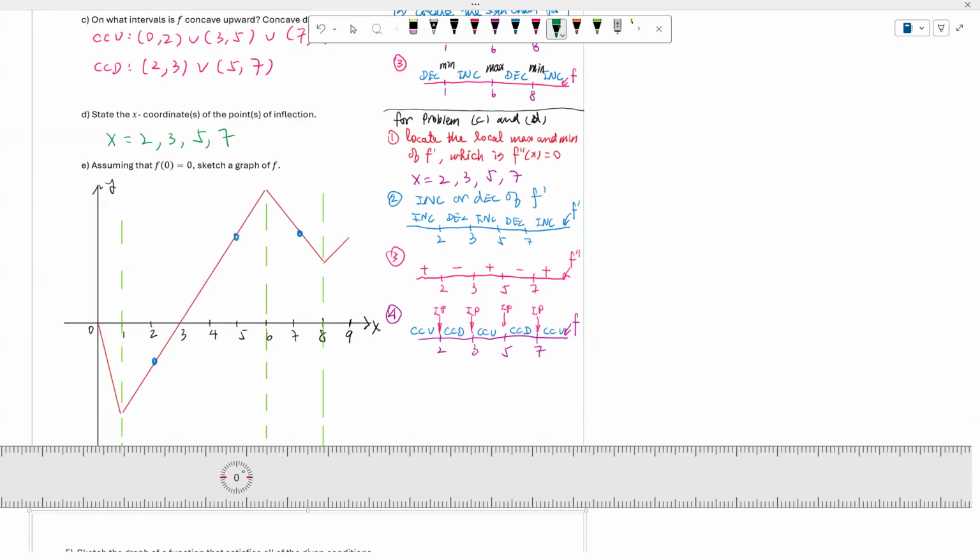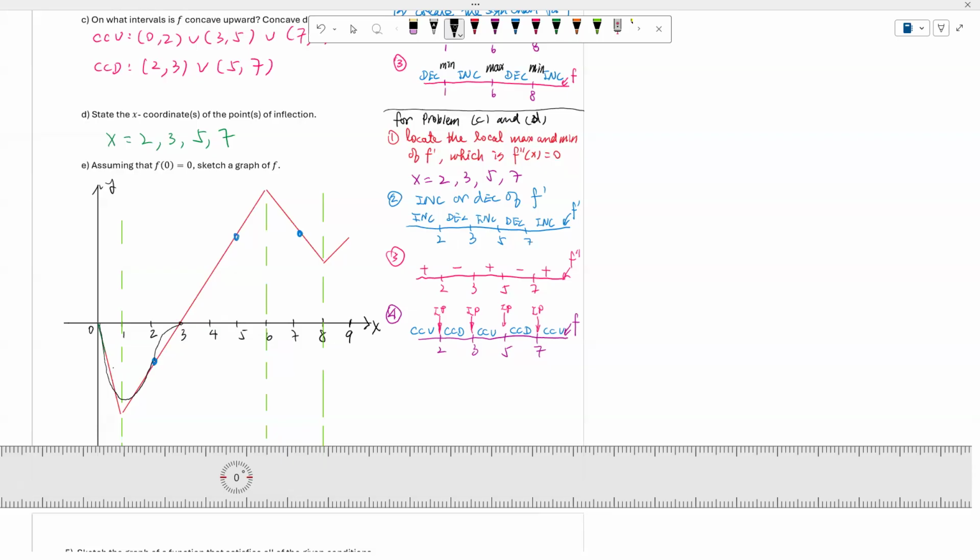Okay. Then now, between 0 and 2, I have this is concave up. Okay. And then now, between 2 and 3 is concave down.